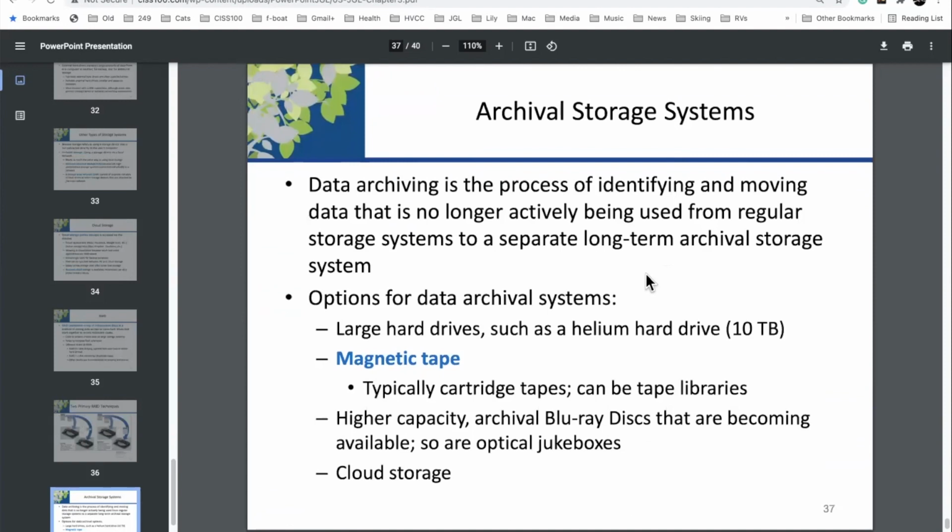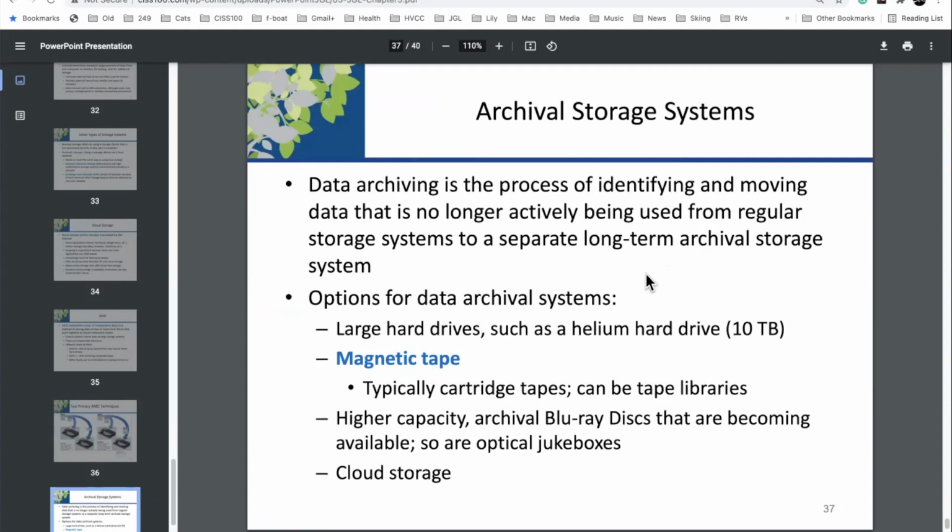Okay, getting into backup, okay, archival storage systems, and these are magnetic tape. This is another application of magnetic, and in this case, we do see the distinction between the medium and the device, because I'll have a backup tape device, and then I'll have backup tapes.